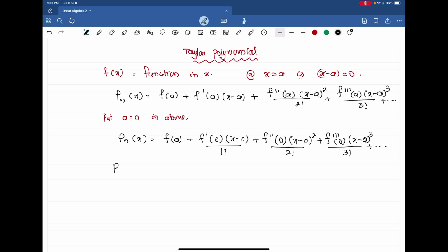This can be written as f0 plus f dash 0 into x by factorial 1 plus f double dash 0 into x square by factorial 2 plus f triple dash 0 into x cube by factorial 3 plus so on.